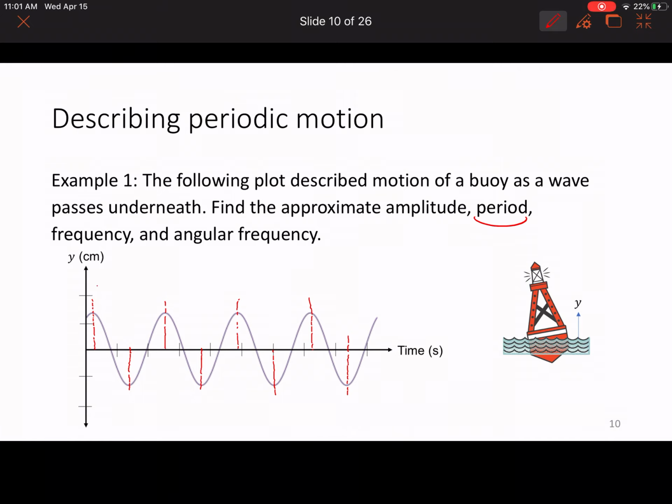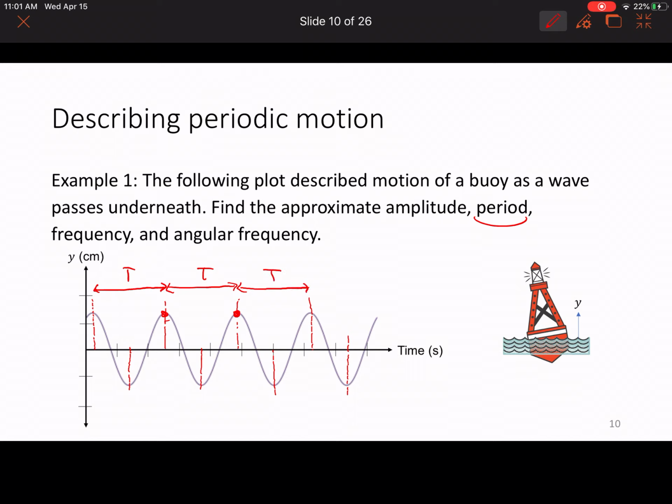So I could use one cycle. If I take the time difference here, that would be T. If I take the time difference here, that would be T again. It comes from a maximum to a maximum. Remember, maximum to maximum, that's your period. Maximum to minimum, that's half the period.